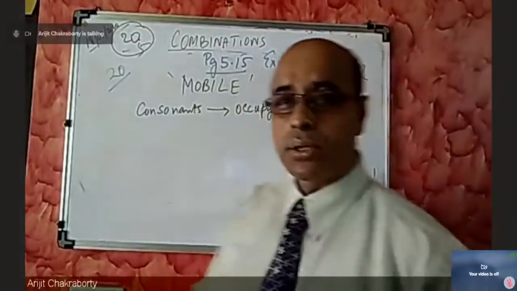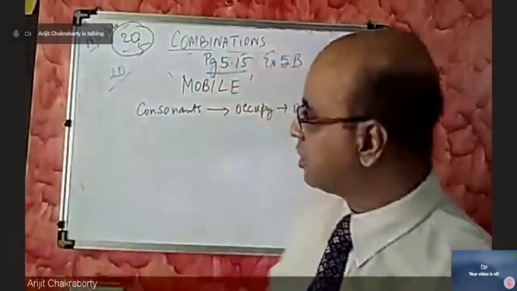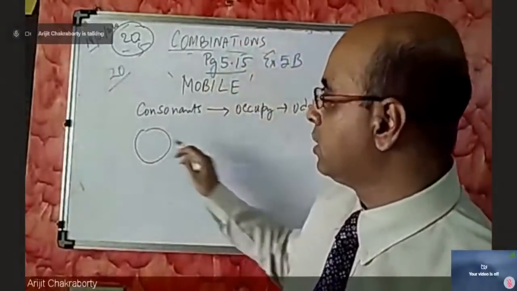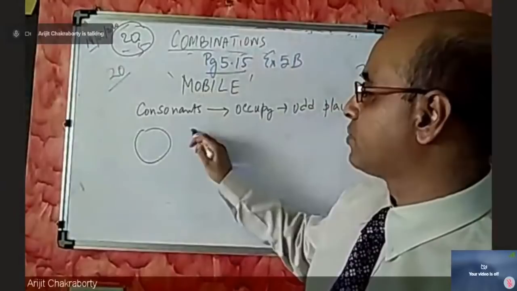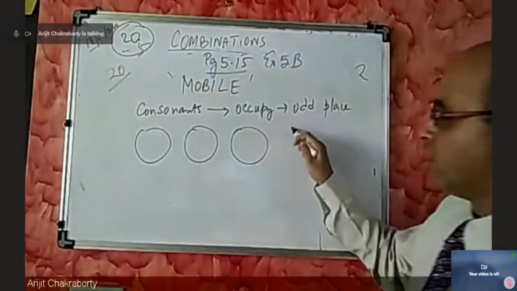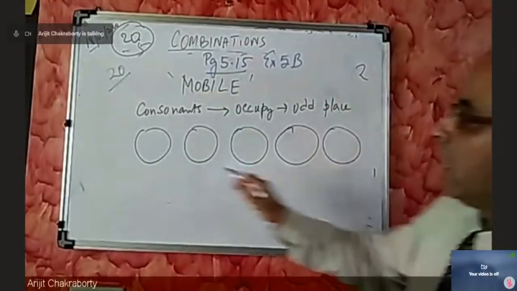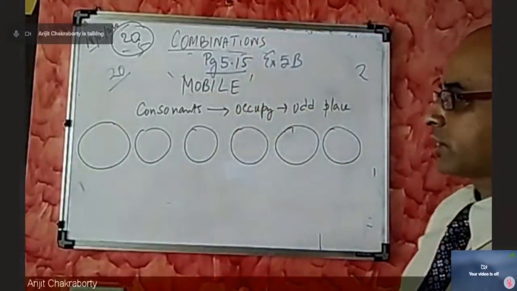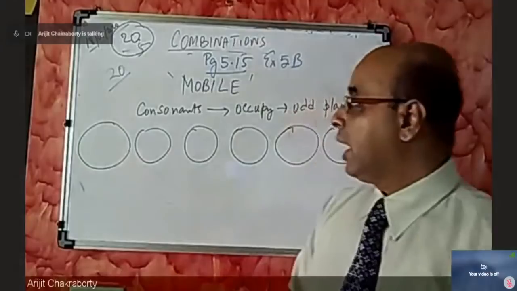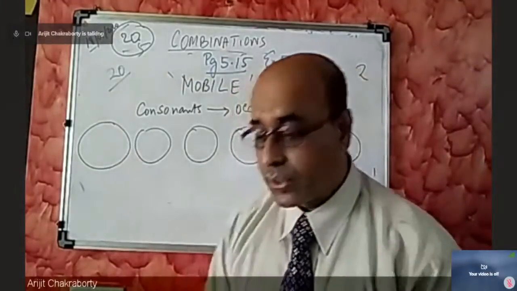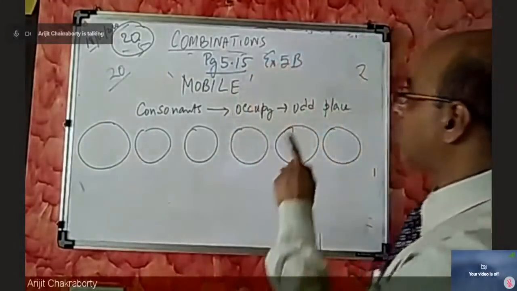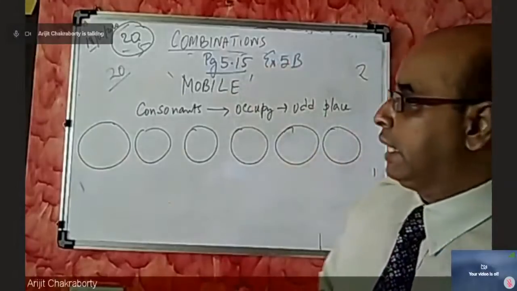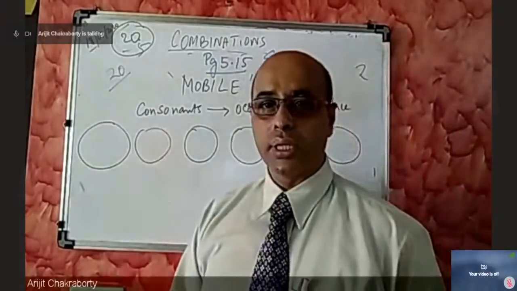So let us draw. There are 6 letters, 1, 2, 3, 4, 5, and 6. So we have got 6 circles, and the idea is that the consonants will occupy the odd places. Now let us see which are the consonants here.